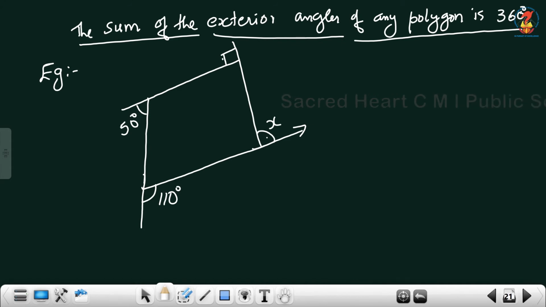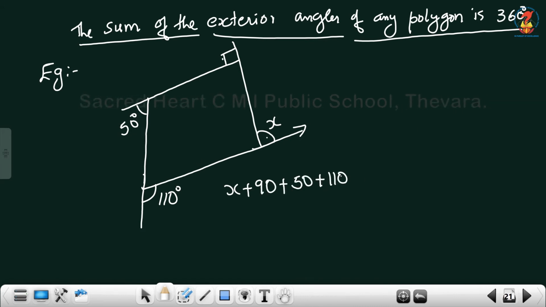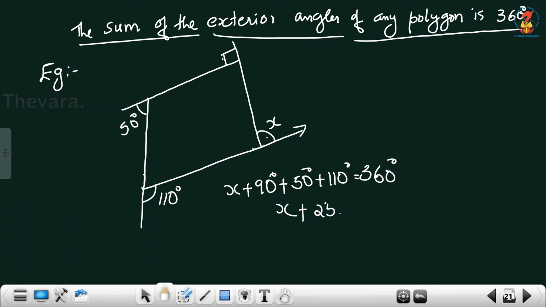Okay. x plus 90 plus 50 plus 110 equal to 360 degree. x plus 90 plus 50 is 140, 140 plus 110 is 250, equal to 360 degree. x is equal to 360 degree minus 250 degree equal to 110 degree.